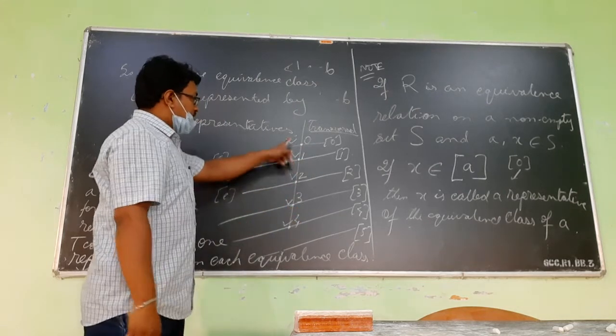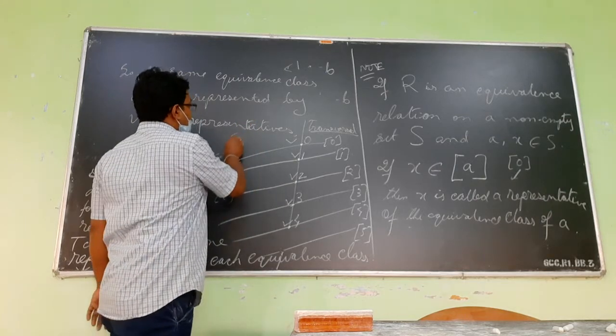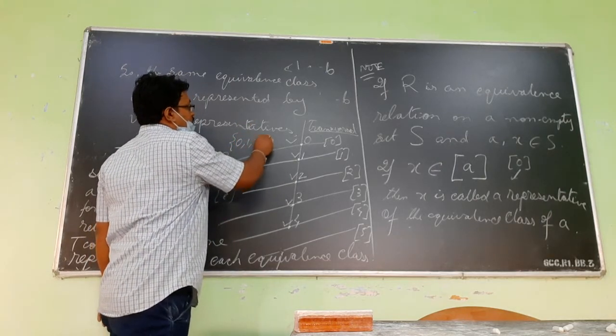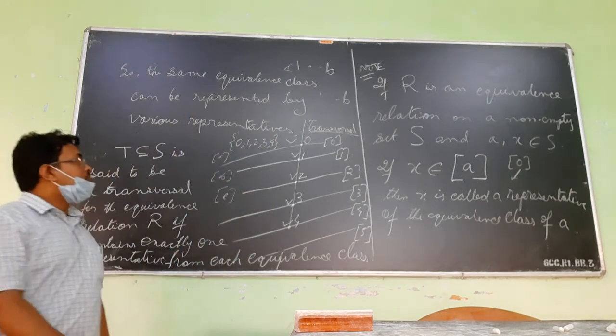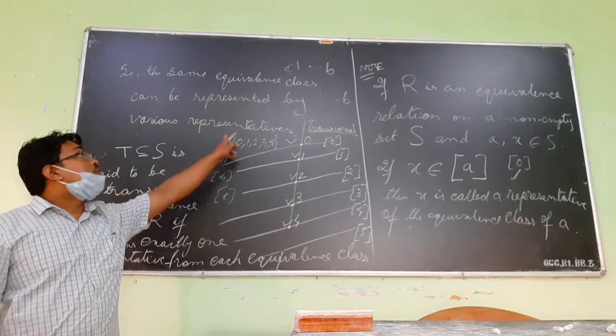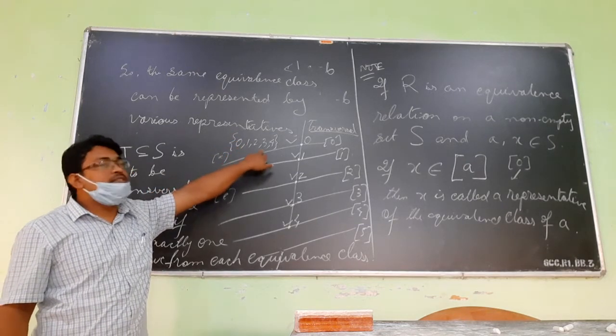So what is the transversal for this equivalence relation? It is 0, 1, 2, 3 and 4. This is the transversal of this equivalence relation, congruence modulo 5. Under that relation, this set is the transversal.